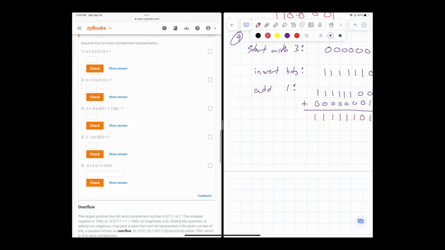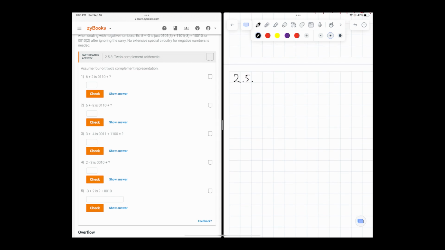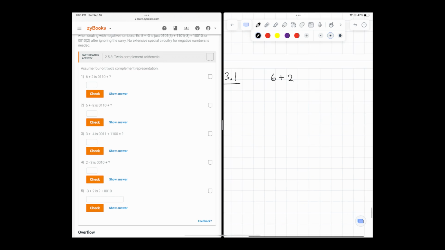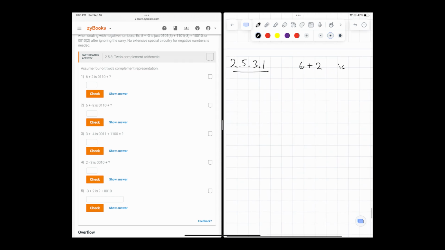So what we're talking about on these exercises, I want to get past them to get to the challenge exercises, but on 2.5.3, let's say point 1, first one, they say 6 plus 2 is 0, 1, 1, 0 plus, and so this is the 6, right?